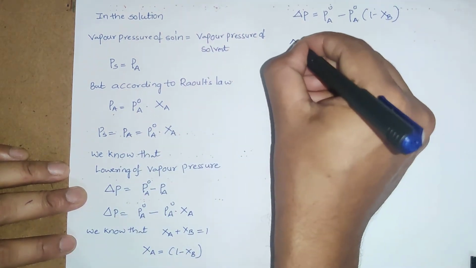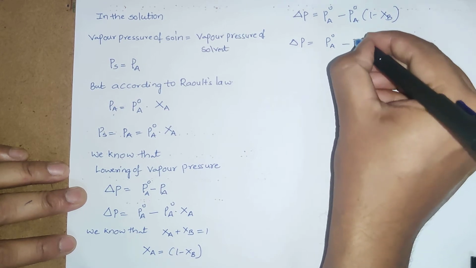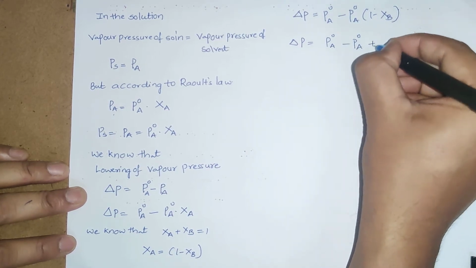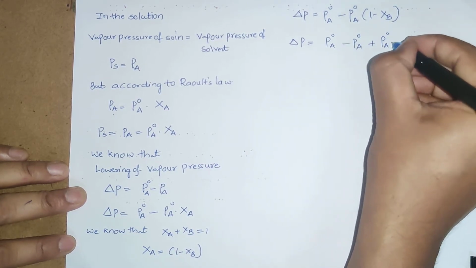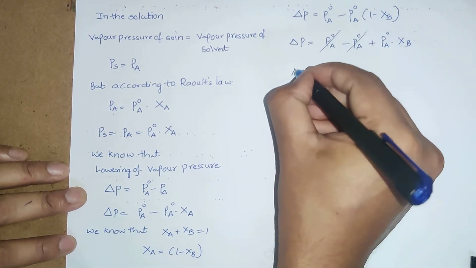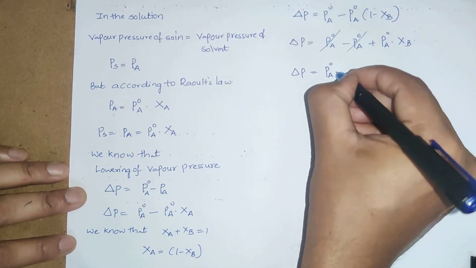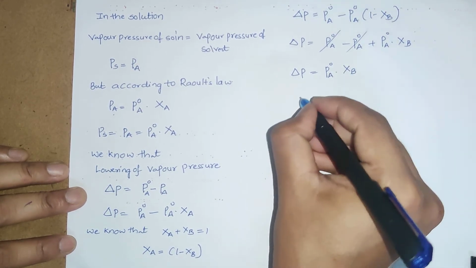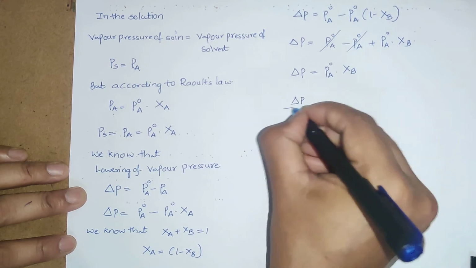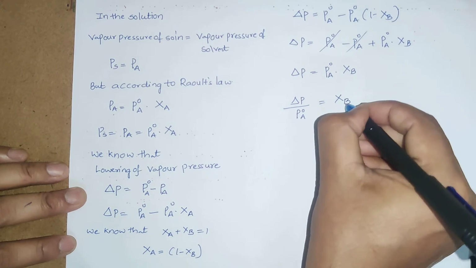Then delta P is equal to, when we are expanding, P naught A minus P naught A plus P naught A into XB. These two cancel. Then delta P is equal to P naught A into XB. Then delta P by P naught A is equal to XB.